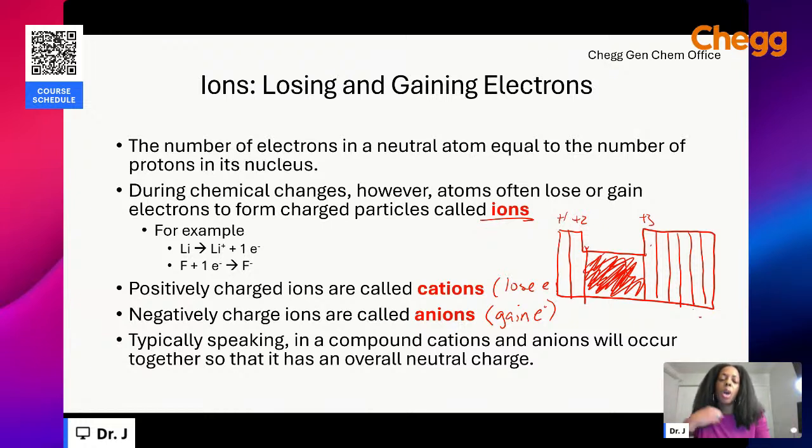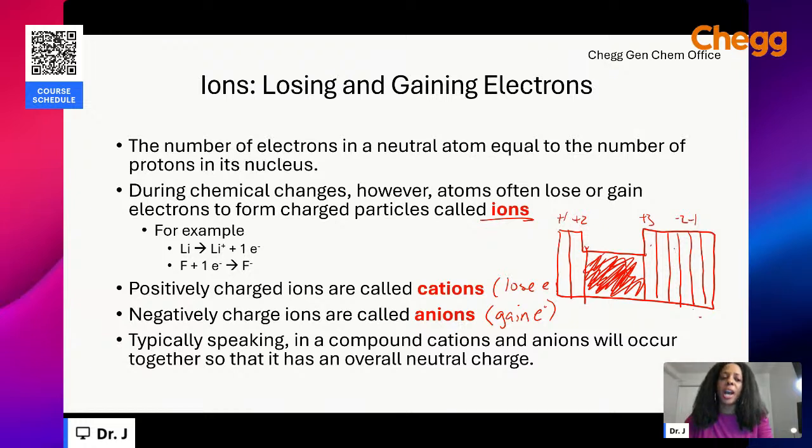And so because it took on 1 negative electron, it's going to have a negative 1 charge. Group 6, again, difficult to kick those 6 electrons out. It's easier to go gain the 2. All right, so it's going to gain 2 negative electrons. It will take on a negative 2 charge.